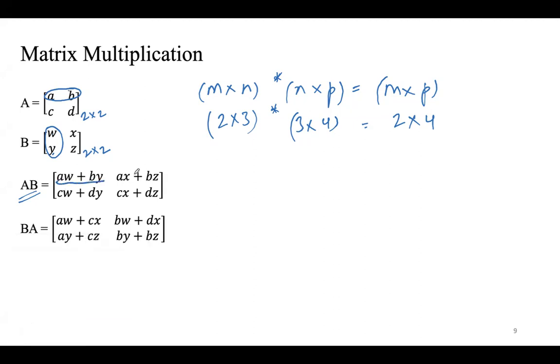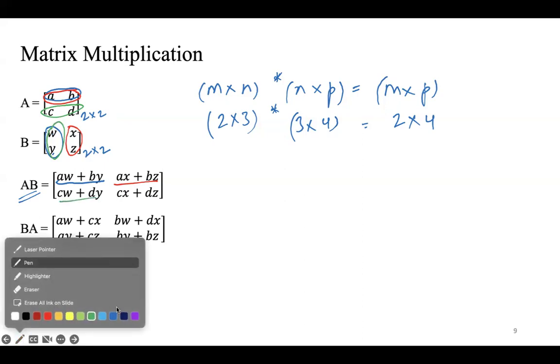Likewise, for the first row, second column of the output, you take the first row and second column of the inputs. Then for the second row, first column of your output, you take the second row and first column from your inputs.